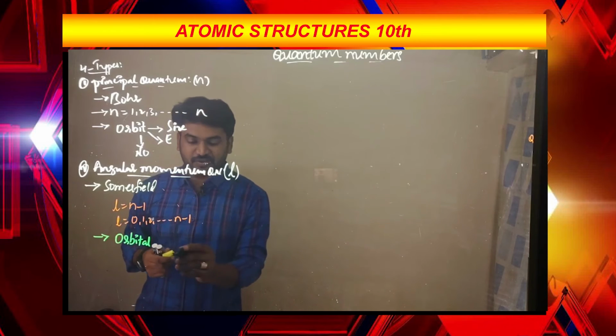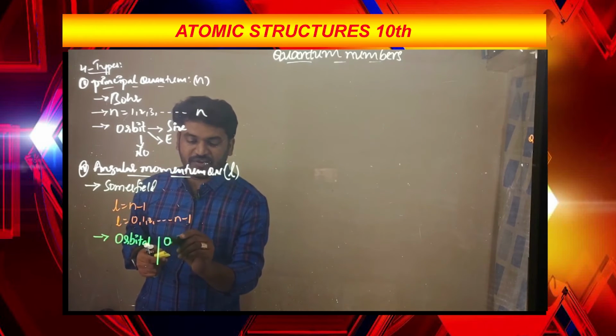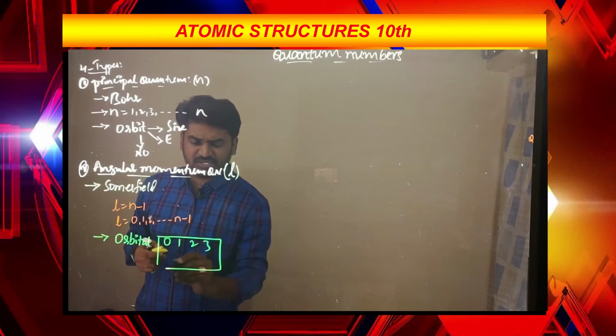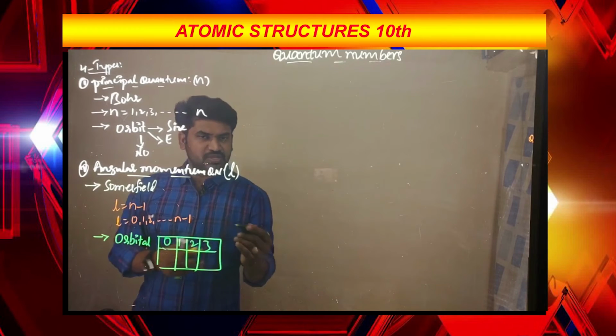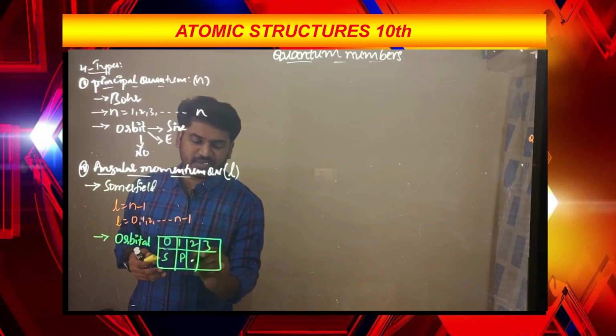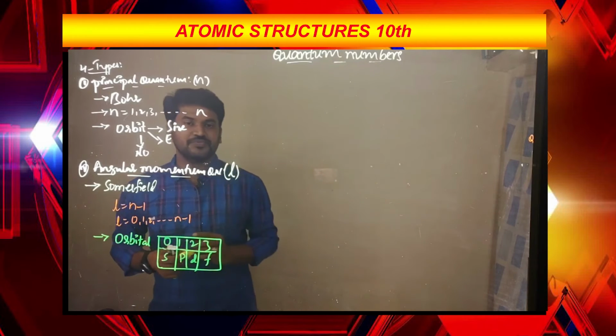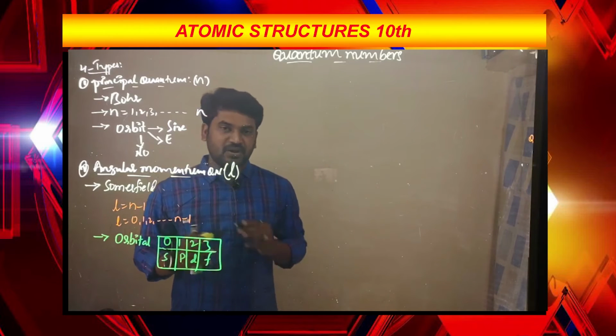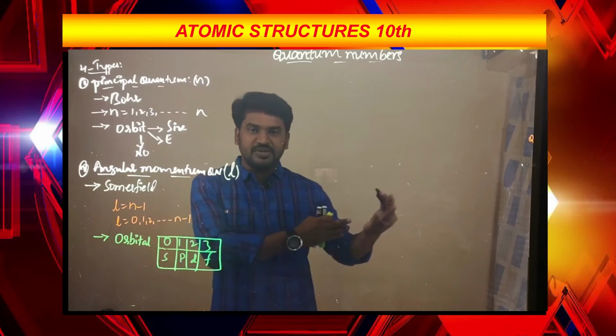Till now we are using only the values 0, 1, 2, 3, because in the ground state we can fill up to these numbers. We represent them with S, P, D, F, the names of the orbitals. How the orbitals are arranged we will discuss further.